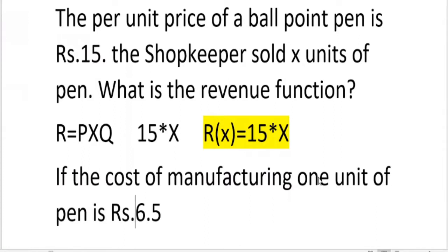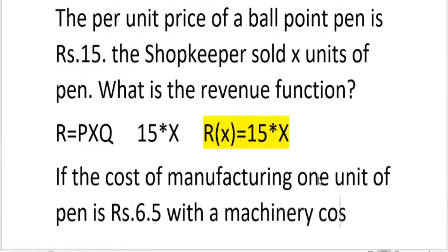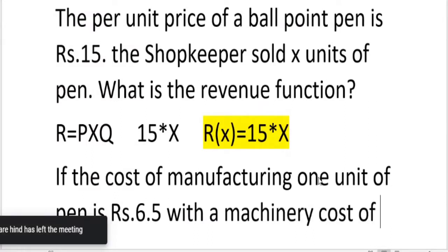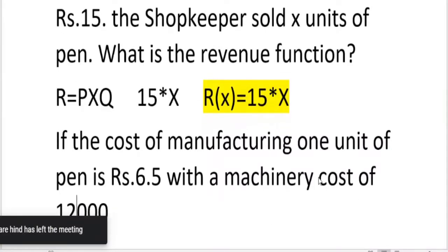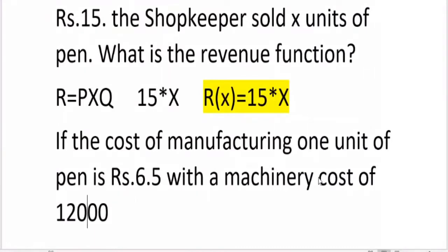If the cost of manufacturing one unit of pen is rupees 6.5, with a machinery cost of, for example, 12,000 rupees. The machinery cost is rupees 12,000.